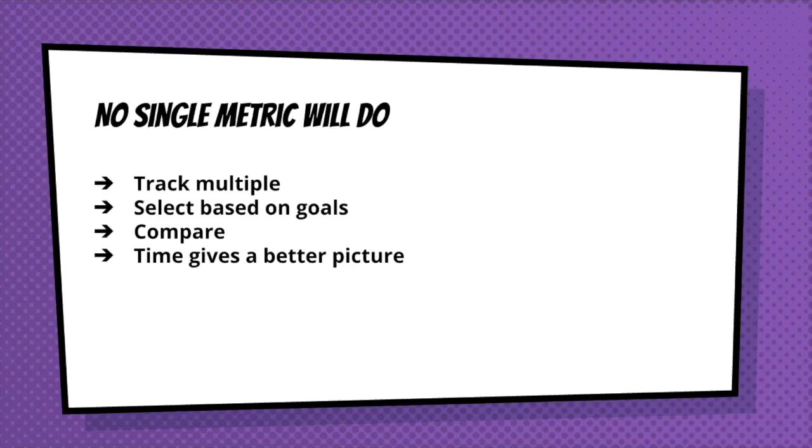As with many types of measurement, time will give you a much better picture of what's going on. If you're looking at something day to day, it's going to seem like maybe you're not making any progress. But if you're able to take a step back and look at a wider picture with your metrics, you will be able to see your progress over time.